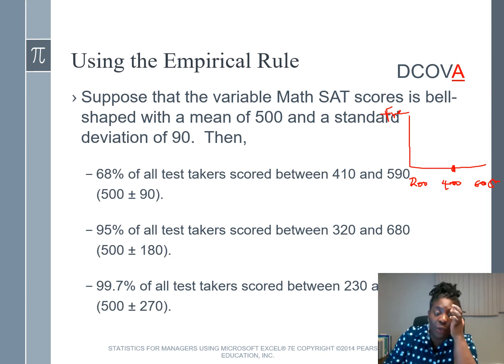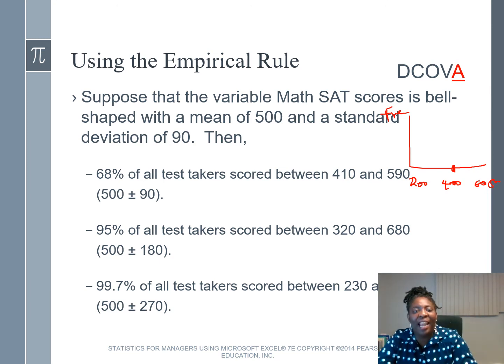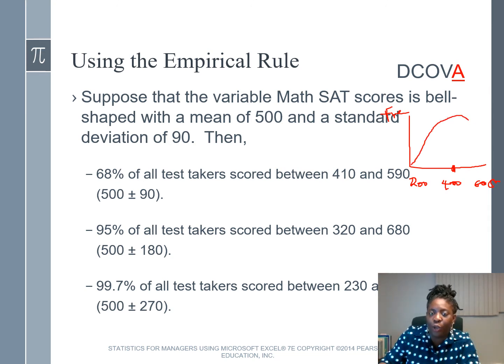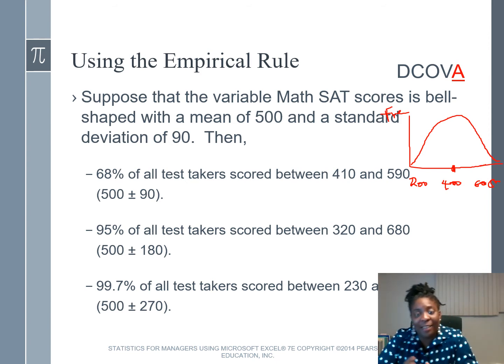We can start to do some work here. 68% of all test takers. Now, if it's bell-shaped, by the way, the distribution is going to look something like this. Normal. And again, most data has a normal distribution. We find there are a few data sets that don't follow a normal distribution, but most data sets, dream it, think it, imagine it, call it, gather it, have a normal distribution.